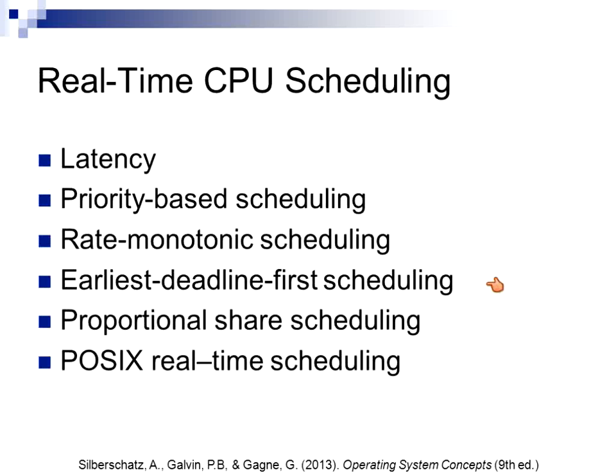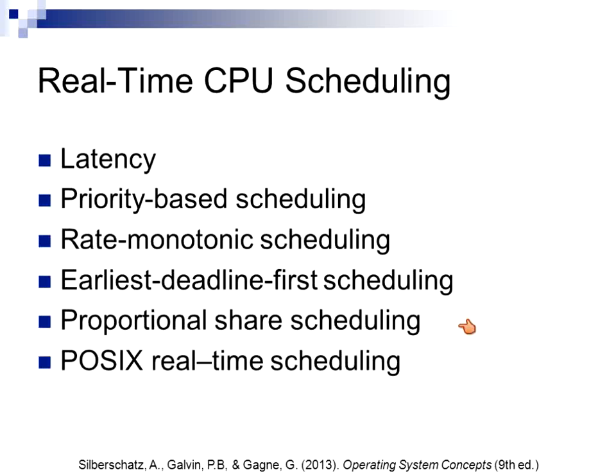It's kind of how I prioritize things. Whatever I have a deadline for, that's what I do first. And if something else comes up that has a sooner deadline than what I'm working on, I drop what I'm working on and I do that, so I get it done in time for the deadline. And that's how earliest deadline first scheduling works.